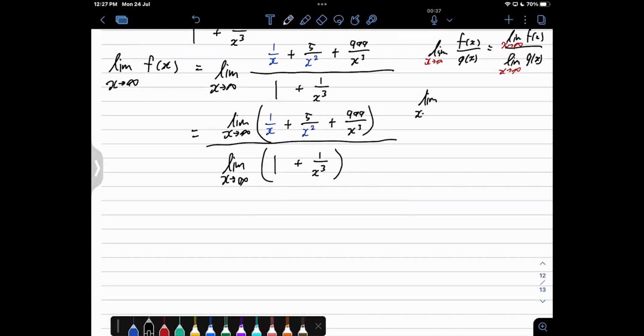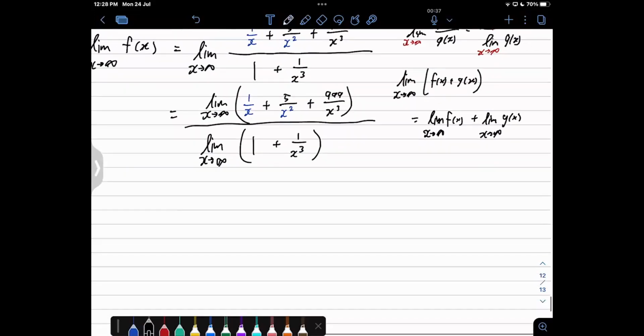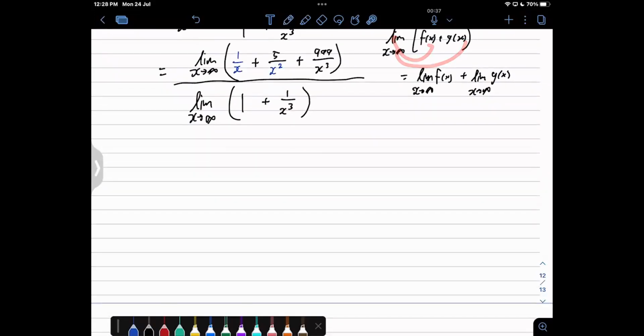Another law says the limit as x approaches infinity of f of x plus g of x, two different functions, is just the limit of f of x as x approaches infinity plus the limit of g of x as x approaches infinity. You can distribute the limit into each of the terms. So we're going to calculate each of the limits.